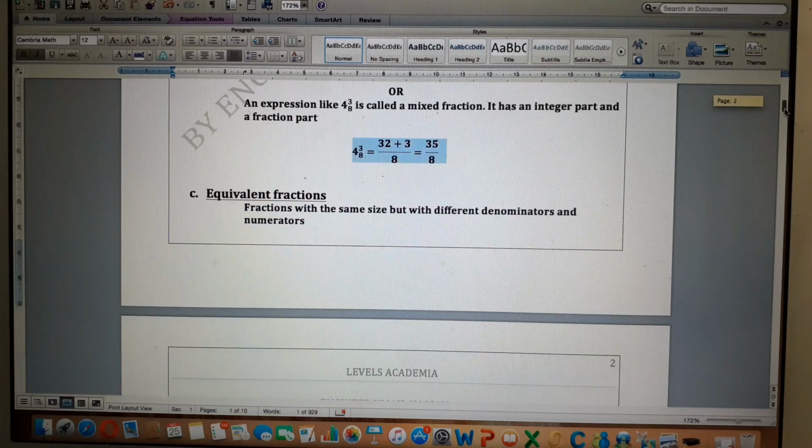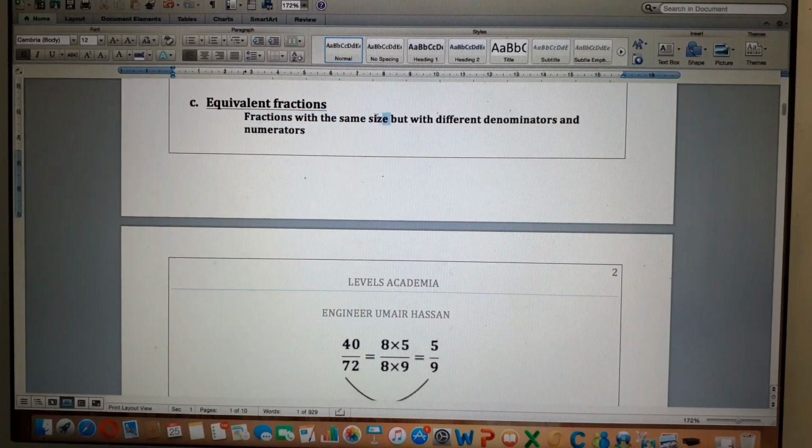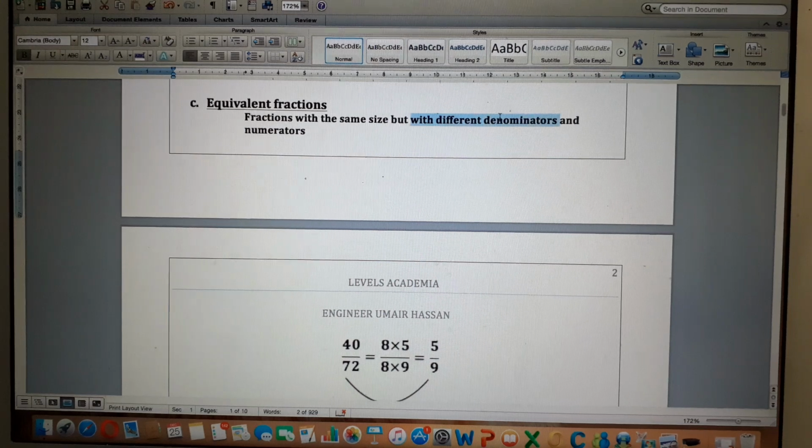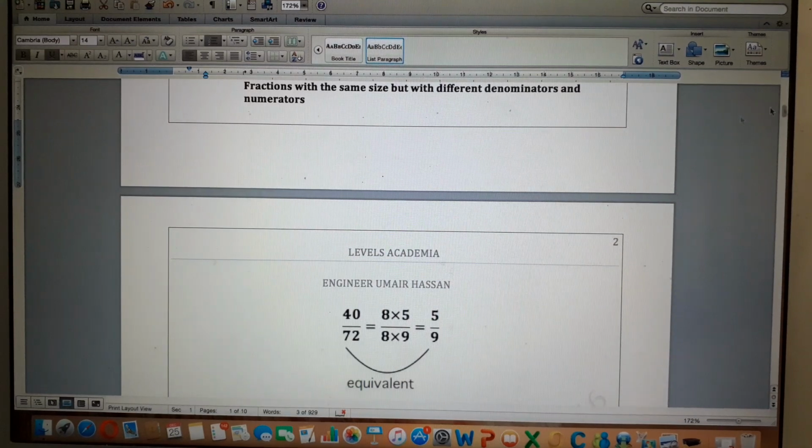Equivalent fraction. Fractions with the same size, now this is important, same size, but with different denominators and numerators are called equivalent fractions. Now observe these fractions: 40 over 72 and 5 over 9.